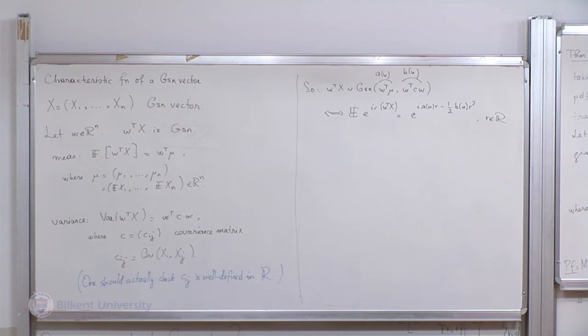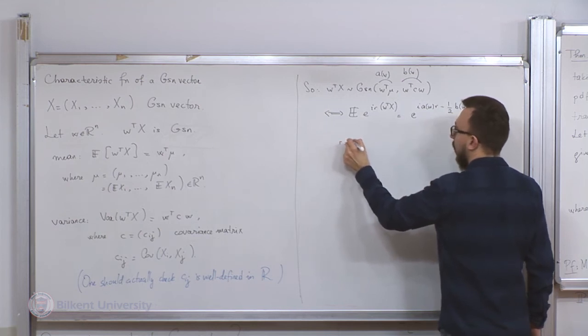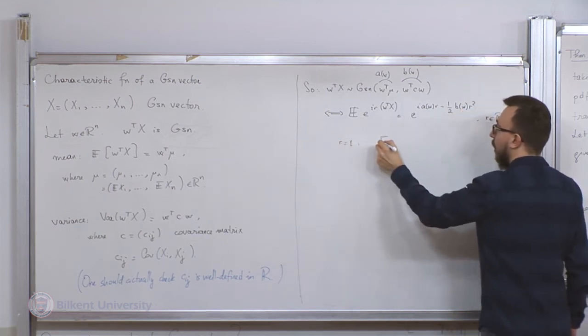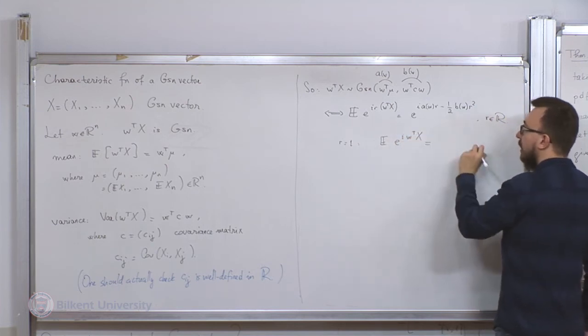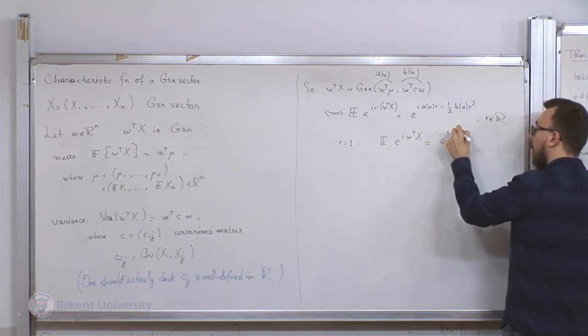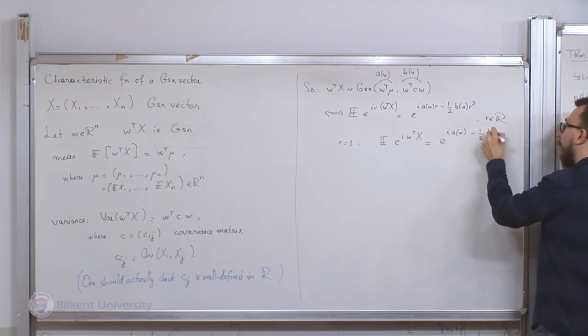I'm just using the fact that every linear combination is Gaussian, so its characteristic function has this formula. So when you take r equals 1, what you get is E to the i W transpose X equals E to the power i a(W) minus 1/2 b(W).